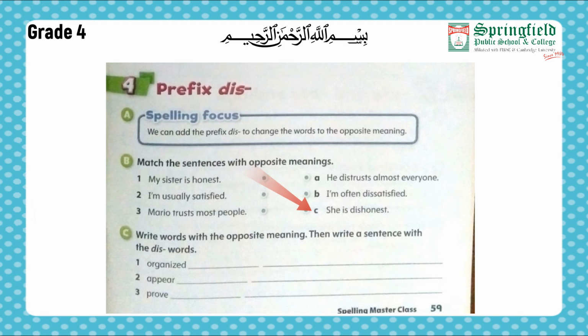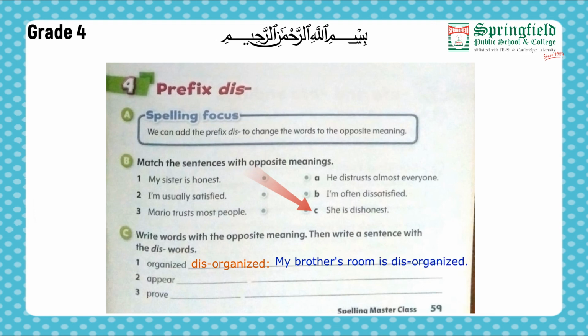Alright, now let's move towards C. Write words with the opposite meaning, then write a sentence with the dis words. Now, organized, the opposite of it is disorganized. So the sentence with the word disorganized would be, my brother's room is disorganized.